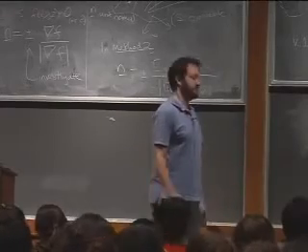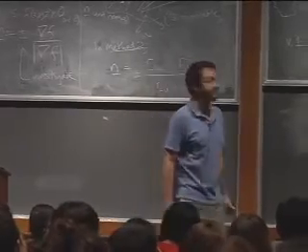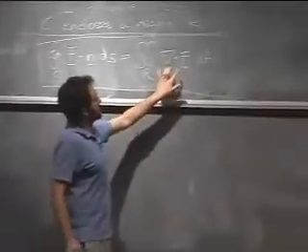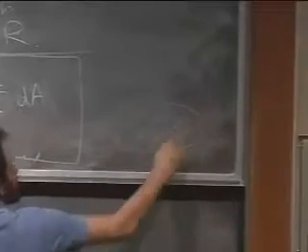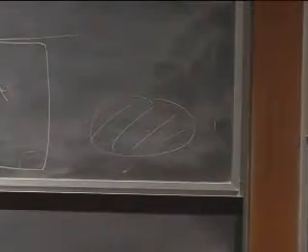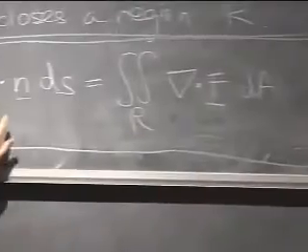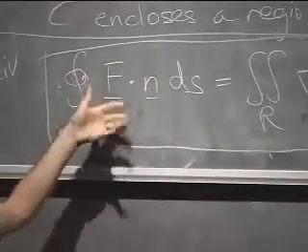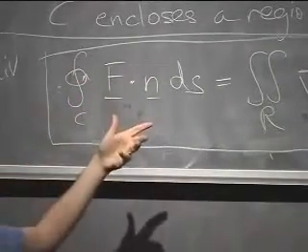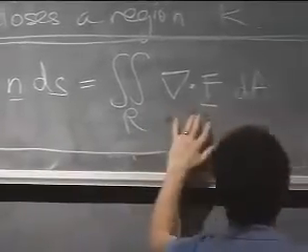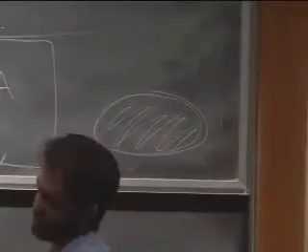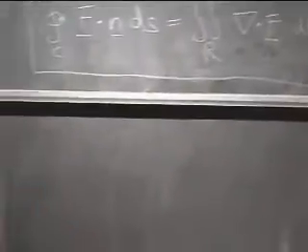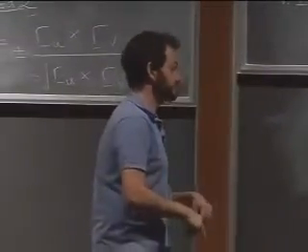But I do want to say that it is a fundamental theorem of calculus in the sense that the integral of a derivative in a region is actually equal to the values of the function on the boundary. So this depends on the derivative of f inside, whereas this only depends on the values of f on the outside, which happens to be a curve. So it is a fundamental theorem of sorts.